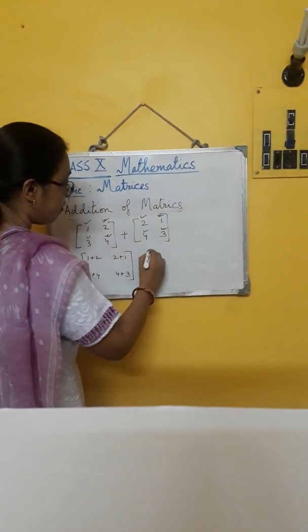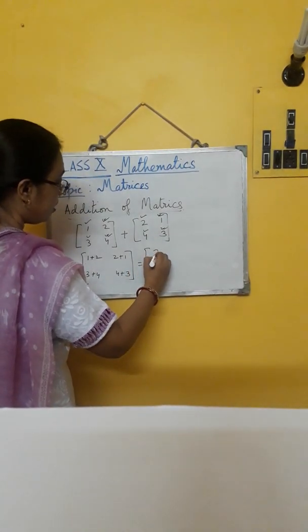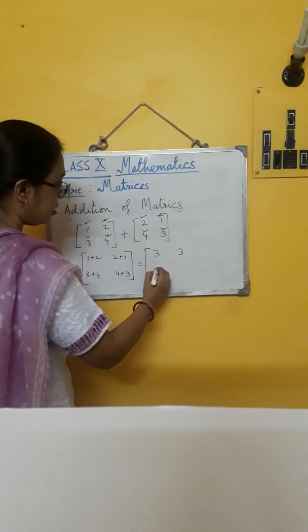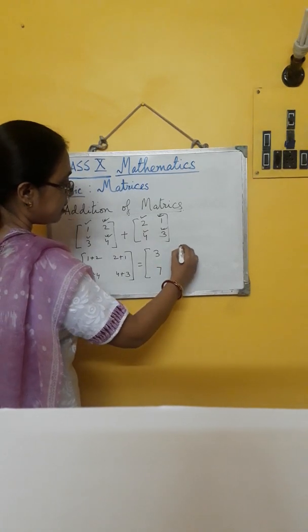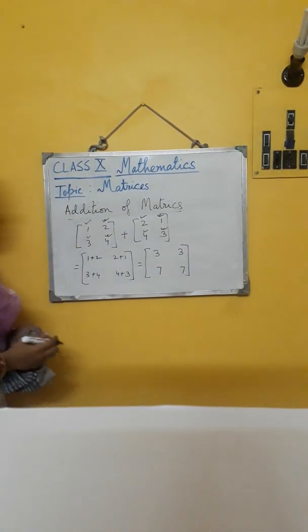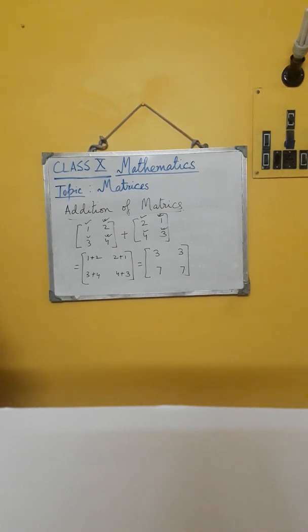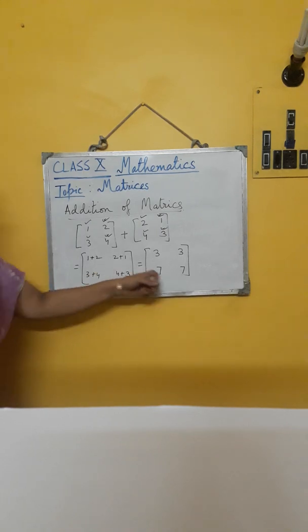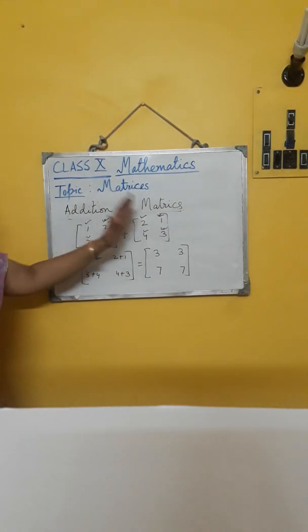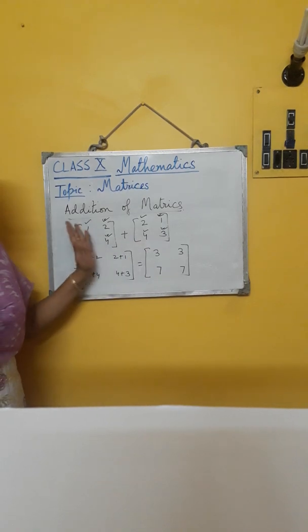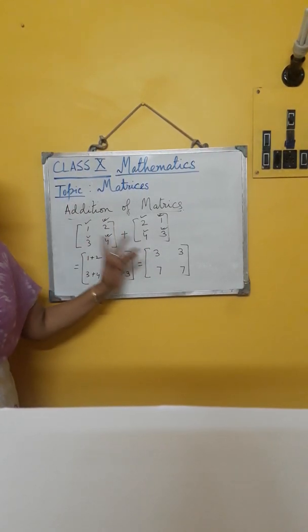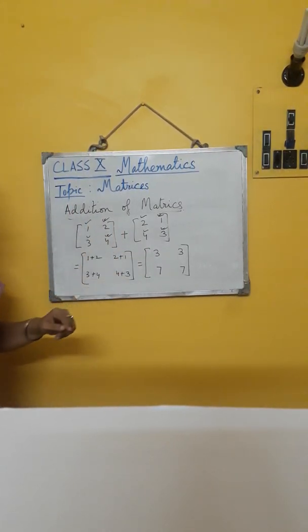So we are getting 3, 3, 7, 7. You add 2 plus 1, 3; 2 plus 1, 3; 4 plus 3, 7; 4 plus 3, 7. Whenever you are asked to do addition of matrices, you add the corresponding elements. That will give you the addition of matrices.